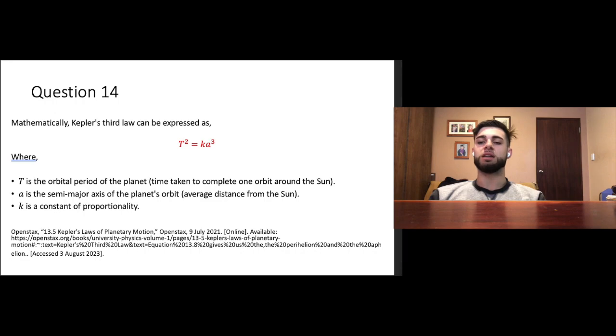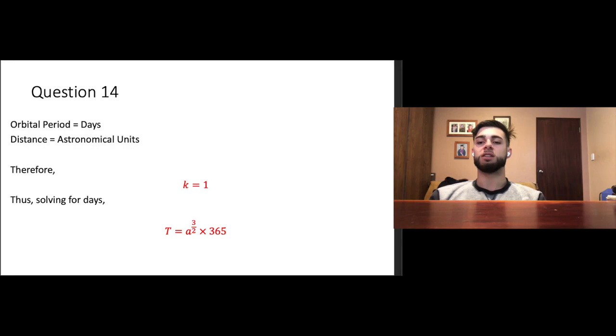The constant k is the same for all planets in the solar system and remains constant for a given system of units. As can be seen in the provided table, a clear correlation between the recorded values of the orbital period, distance of the planet, and the application of Kepler's third law exists.